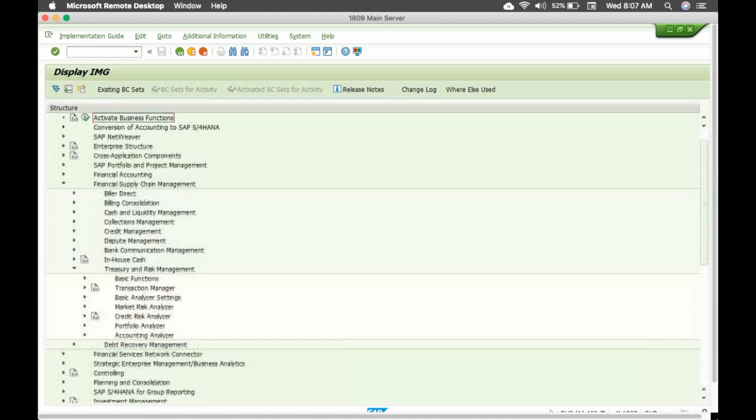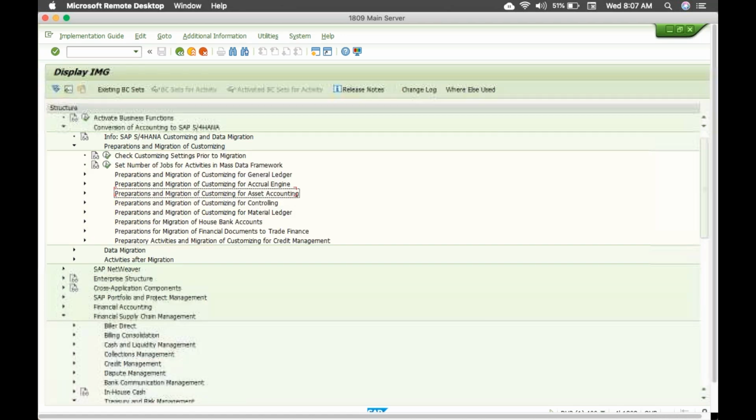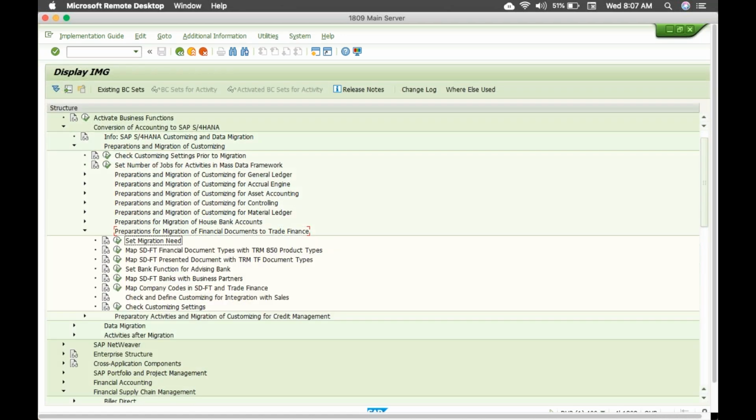The migration steps I will explain after the end of the training, but I am going to show you how it will work, because the migration requires a separate scenario. So here you can see the preparation of migration documents to trade finance. That means what data I want to migrate from existing R3 to the trade finance application.